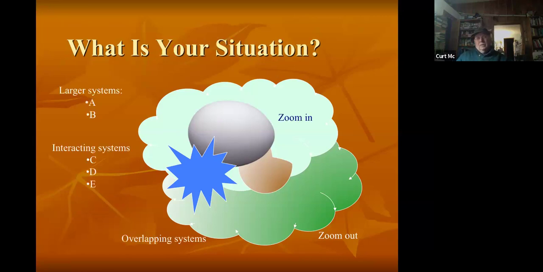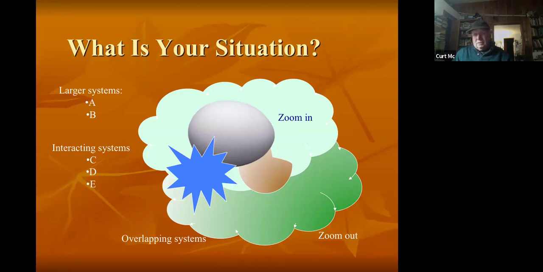If we were to list out the things in the situation, we would potentially list out larger systems. We'll go into this a little later and show some of the graphics that Bucky did for synergetics. Essentially, those larger systems are slower and they encompass the situation.